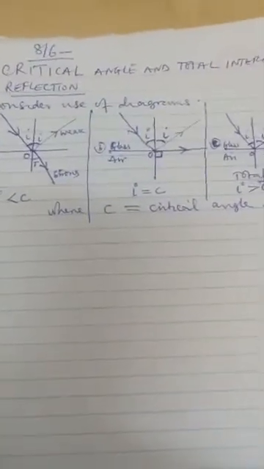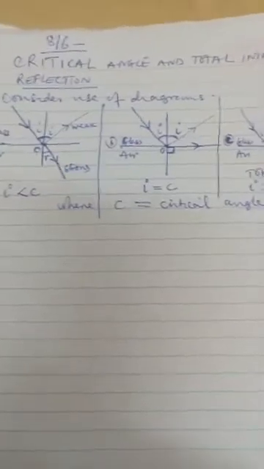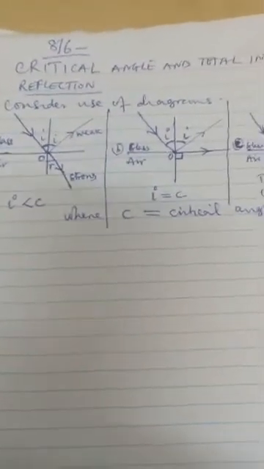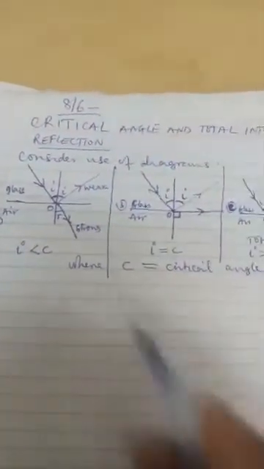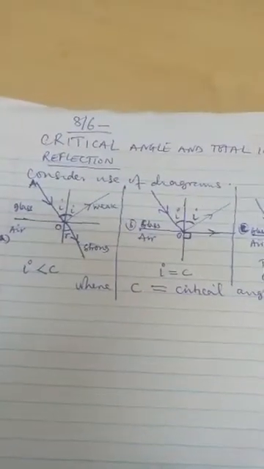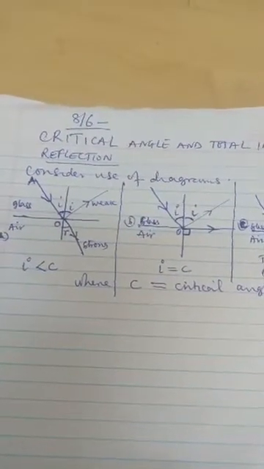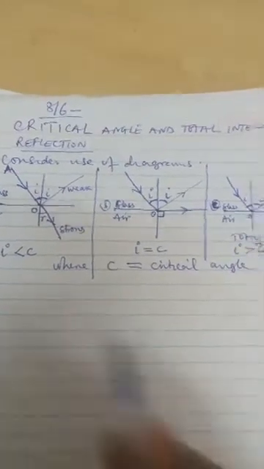Now, important to note in our discussion of today is that in diagram 1, a ray, if you want AO, will be incident at a small angle of incidence.